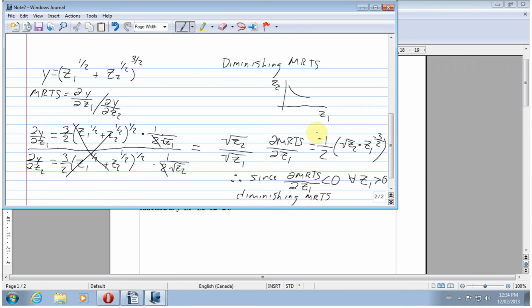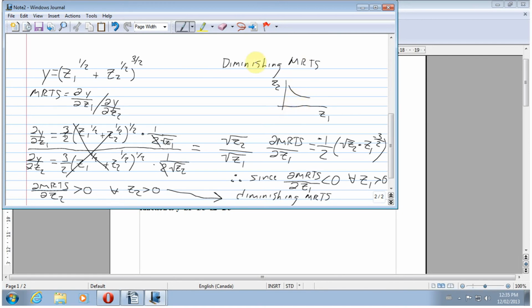And if you're interested and you want to, you could also make this diminishing MRTS conclusion based on dMRTS/dz2 being greater than 0 for all positive z2. So if you want to show that, then that would be fine too. That also means that it's diminishing MRTS, right? Because we're increasing z2 and the slope of this line is increasing, which basically means that this whole thing is a convex set to the origin.